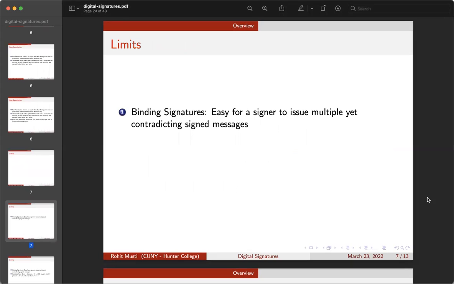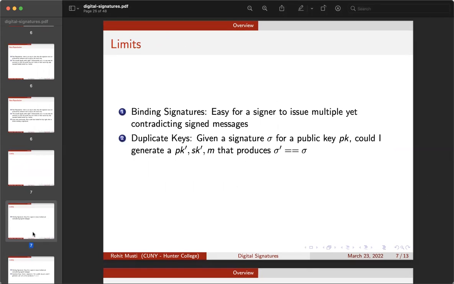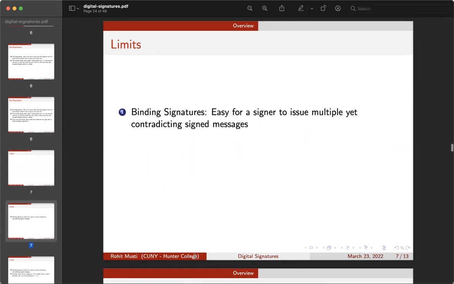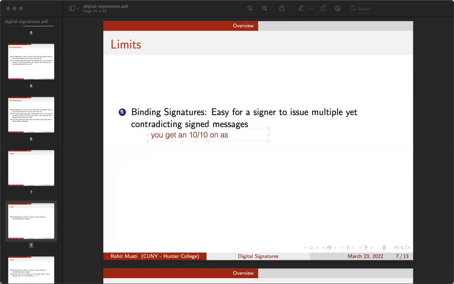Limits, so binding signatures. It's easy for a signer to send multiple contradicting messages. So what if I signed, you get a 10 out of 10 on assignment 1, signed by Rohit. And then I also wrote, you get a 4 out of 10 on assignment 1.